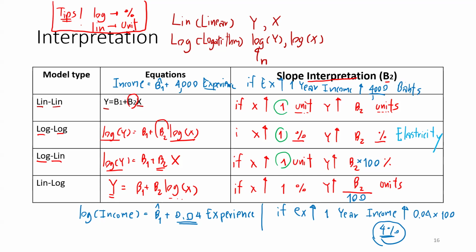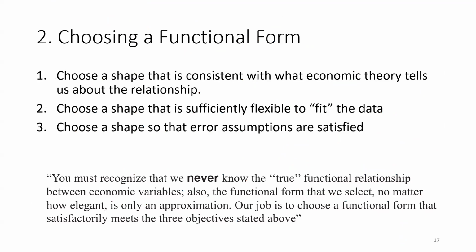Since we can do both, like linear, interpreting as 40,000 baht, or interpreting as percent, both seem really good. So which one should I do? There are steps to choose a functional form.